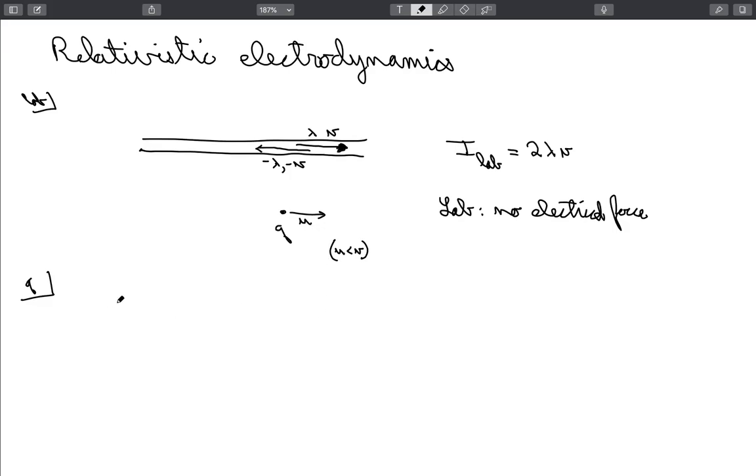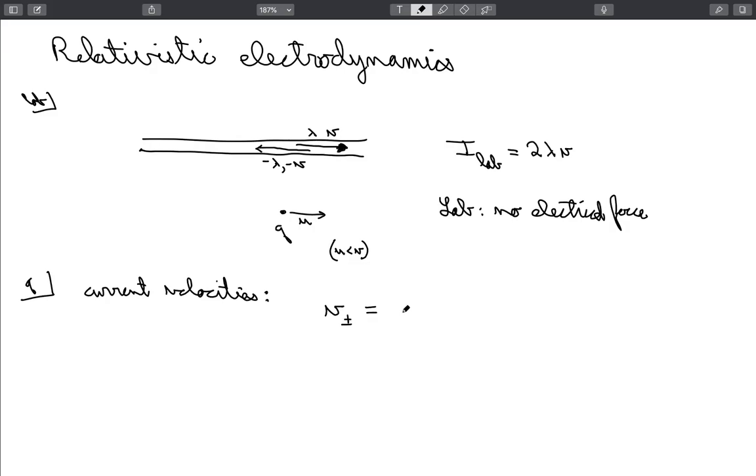So the current velocities in the frame of the moving particle, we're going to label them v plus or minus, plus for the plus current and minus for the minus current.